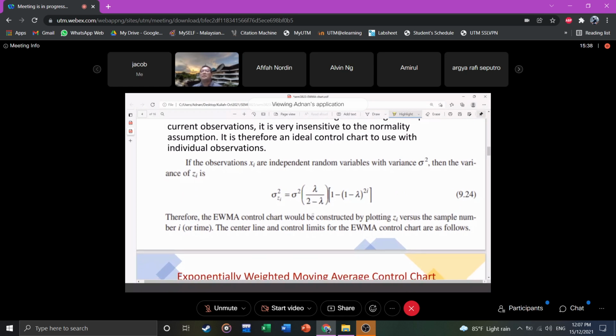In terms of process variance, sigma squared is the variance.